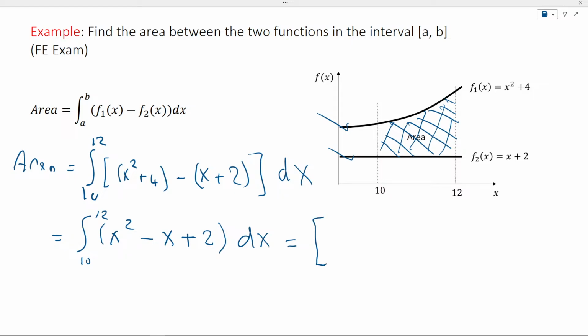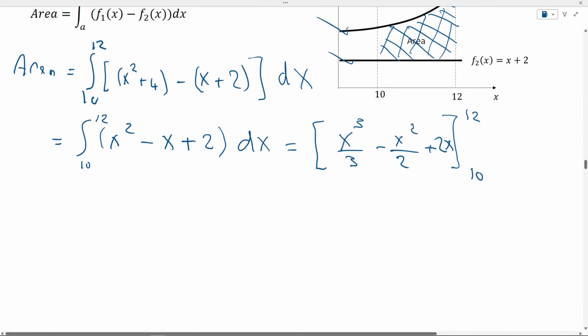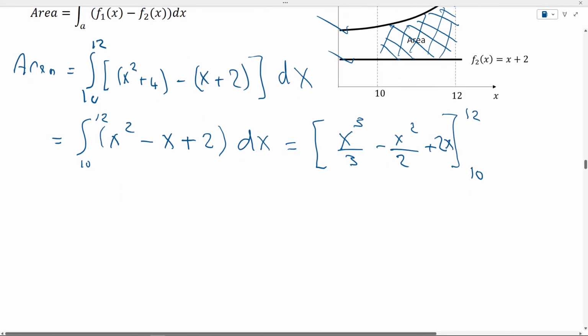So remember, you put here 12, you put here 10, and let's just integrate this. So that would be x cubed over 3 minus x squared over 2 plus 2x. So basically that is the solution.